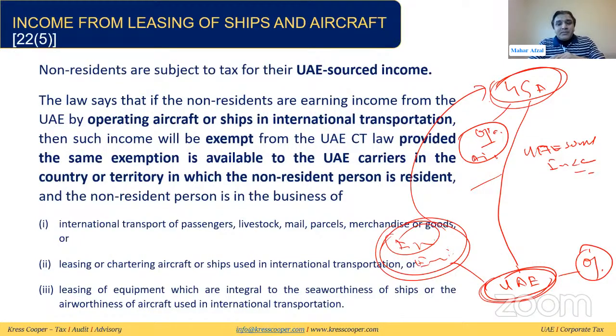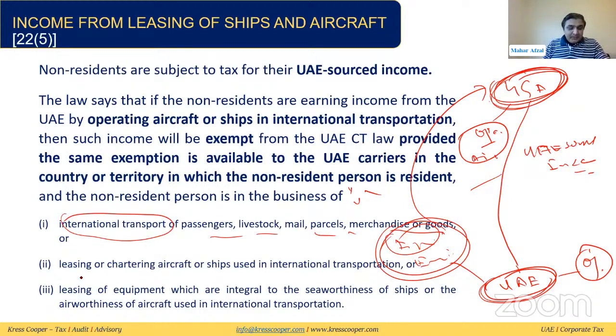But these are also subject to certain conditions. The exemption will be available to UAE carriers in the country entirely in which the non-resident person is a resident and the non-resident person is in the business. Meaning they are asking this USA company, the non-resident person, is in the business. What type of business? International transportation of passengers, livestock, parcel, merchandise, or leasing or chartering aircraft, ships, or leasing of equipment which is integral for the seaworthiness of ships or the airworthiness of the aircraft used in international transportation.